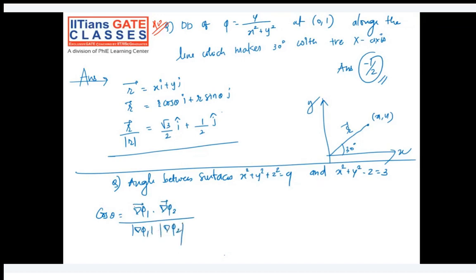You can solve and tell me the answer. Cos inverse of 8 by 3 root 21 is the answer.